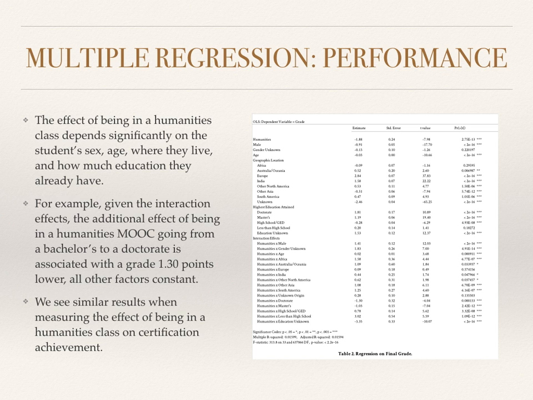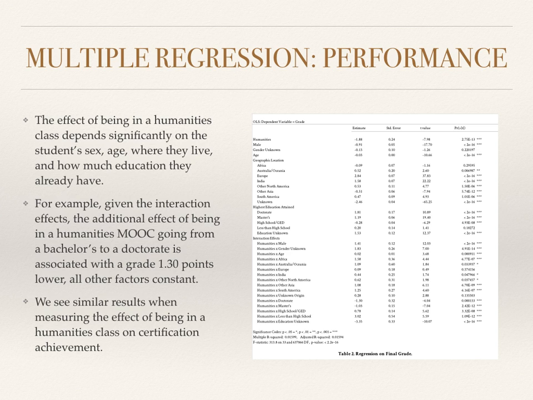Now, what about performance? To measure this, I ran some regressions that included not just humanities, but also some interaction effects. And it turned out that the interaction effects were pretty important to have. So I found out that the effect of being a humanities MOOC student depended significantly on whether the student was male or female, how old they were, where they were from, and how much education they've already attained.